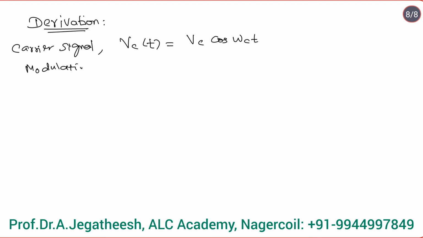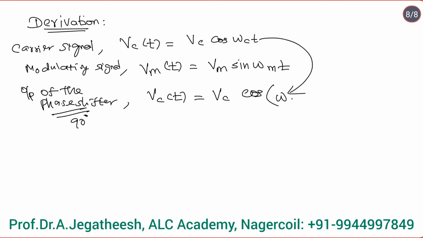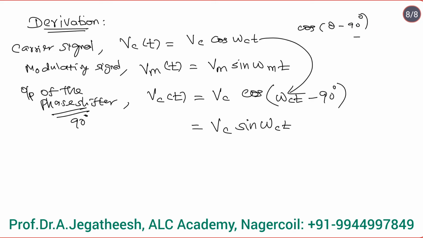Modulating signal Vm of t is equal to Vm sin omega mt. We have a 90 degree phase shifter, so the output of the phase shifter will be Vc of t equal to Vc cos of omega ct minus 90 degree, which is equal to Vc sin omega ct, because we have the formula cos theta minus 90 is equal to sin theta.